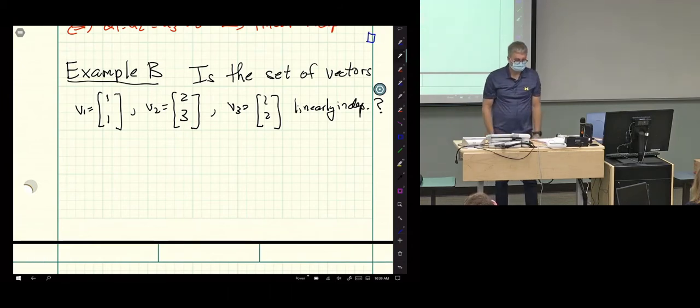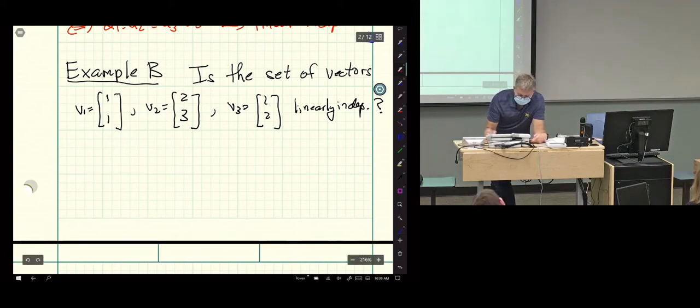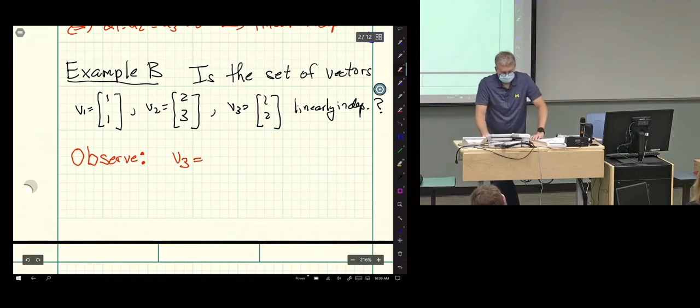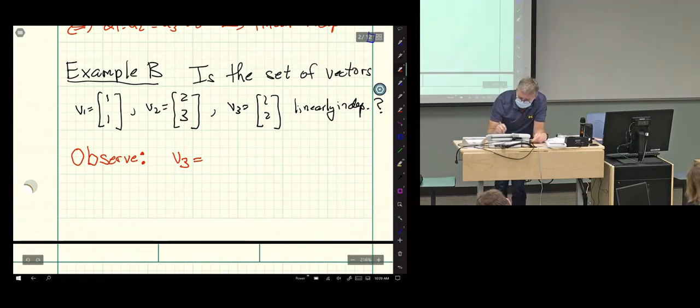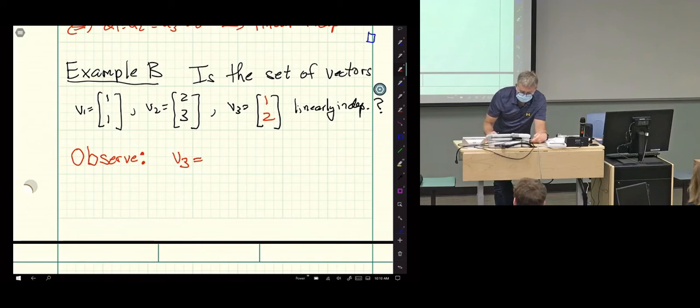Well, let's just observe instead of writing down all the equations on this one. Can I write one of the vectors as a linear combination of the others? So look at V3. Can I write V3 as a linear combination of V1 and V2?